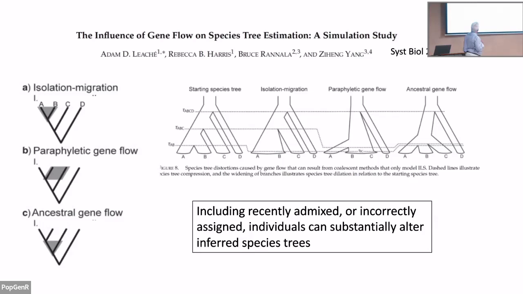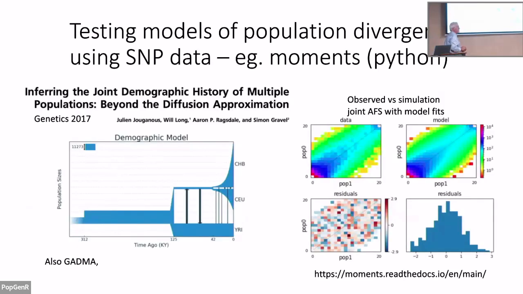But the branch lengths get all screwed up. And again, that should be obvious. If you're exchanging genes during that divergence history, the divergence time will appear less than the true divergence time. So it's sort of a systematic bias there. So it depends on whether you care about topology or branch length, or divergence times.